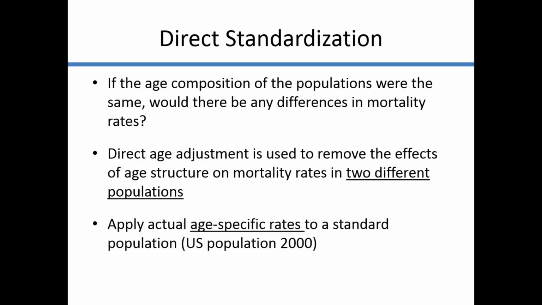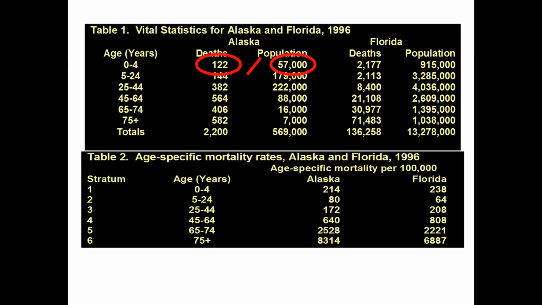What you do in a case like this is called direct standardization. Normally you give everybody the population structure of the United States as a whole. Every state is given that, and we apply the state's age-specific rates to the U.S. population as a whole. And now we're dealing with those individual rates.